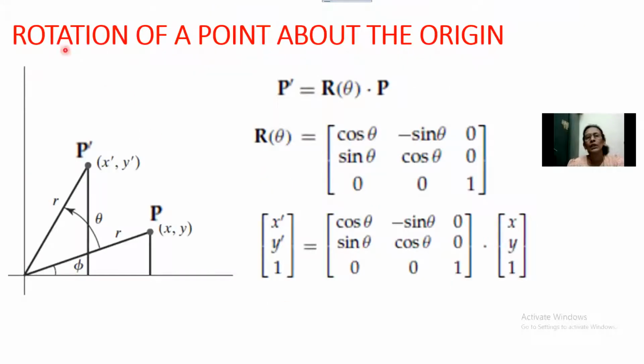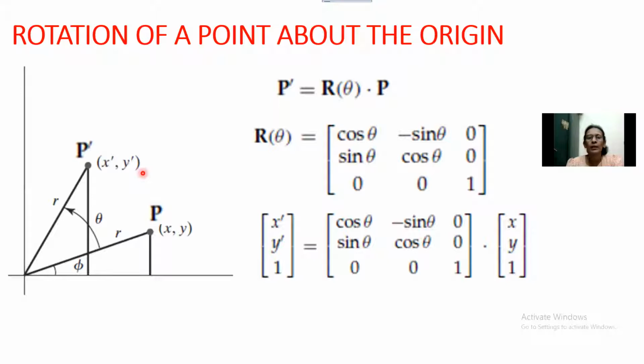Now, what is rotation of a point about the origin? Suppose we have the point P given by the coordinates x, y. If we rotate this point by an angle theta about the origin, then the point P gets transformed to the rotated point P dash, say with coordinates x dash, y dash.